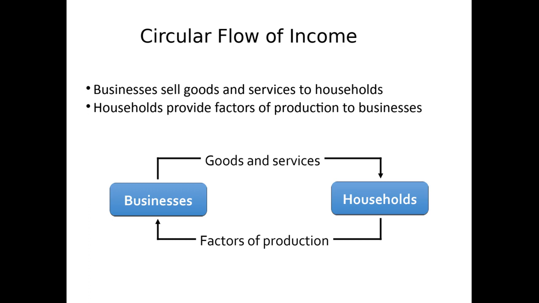So I'm assuming labor, capital, enterprise, and natural resources are owned by these households. This is the assumption, basically. But we are just making this model simple by assuming that households are providing labor services to these businesses.